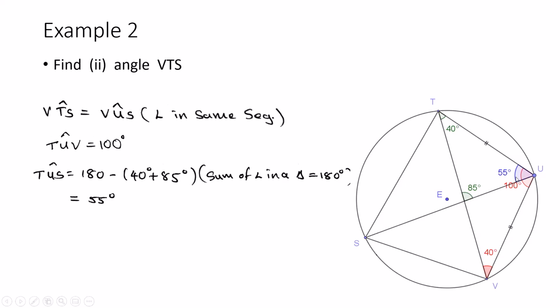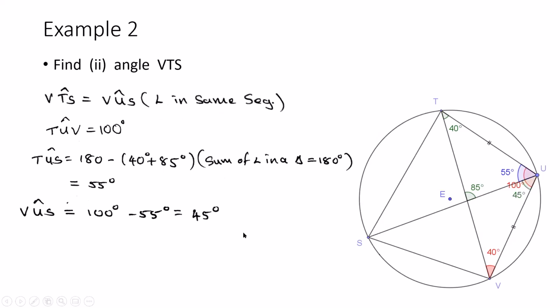Now, TUS is equal to 55 and TUV is equal to 100. Therefore, we can look for VUS by subtracting 55 from 100. So, VUS is equal to 100 minus 55, which is 45.